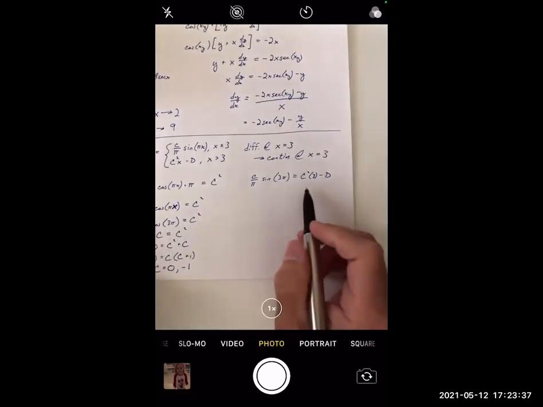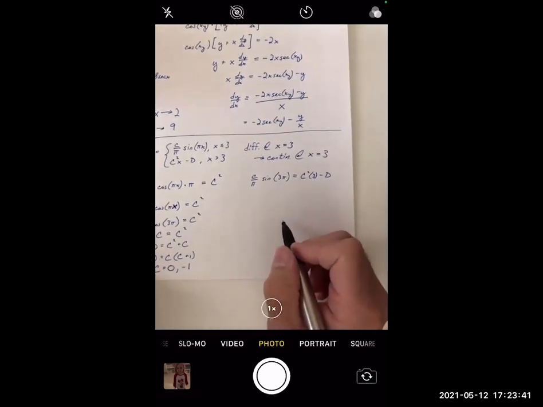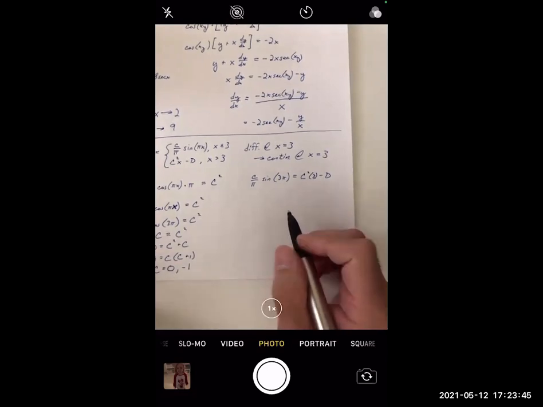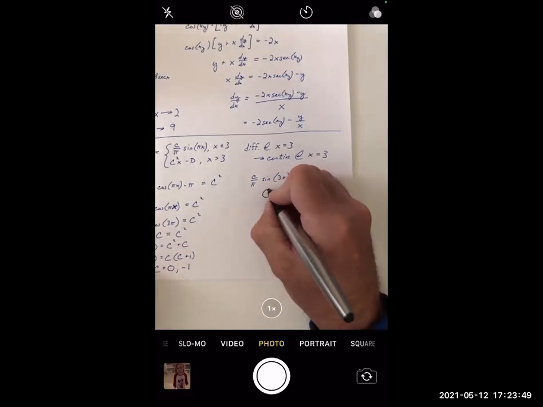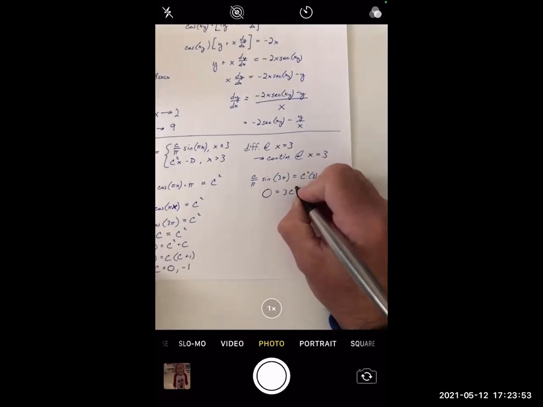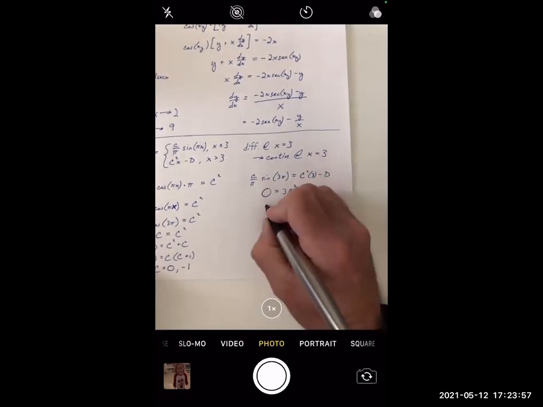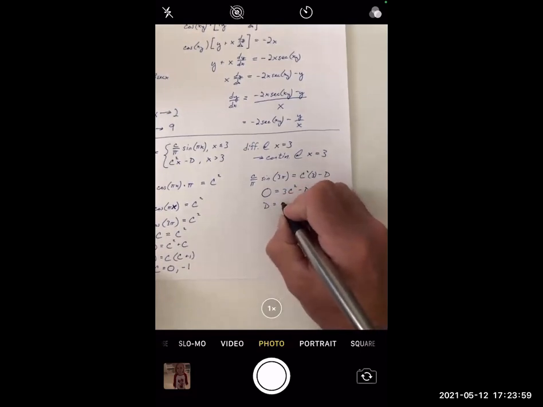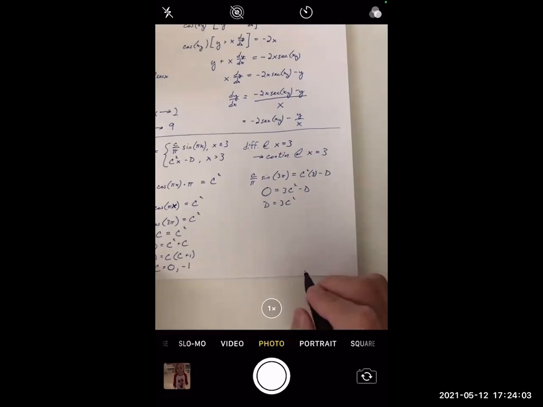And we'll simplify down a little bit, because what's sine of 3 pi? Zero. So that whole left side is just 0. The right side's 3c squared minus d, so d is 3c squared.